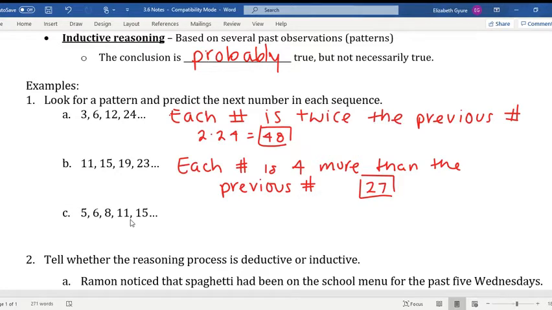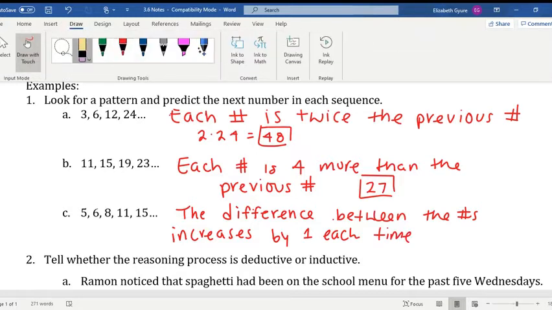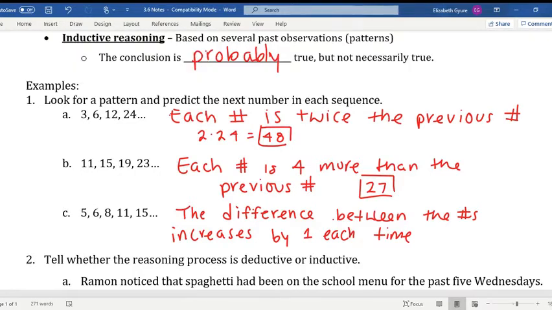So one way to describe this would be that the difference between the numbers increases by 1 each time. And there might be some other ways to explain that as well. That's just one example. So based on inductive reasoning, we could say that it's going to have to go up 5 next time, which would make the next number in our pattern 20.